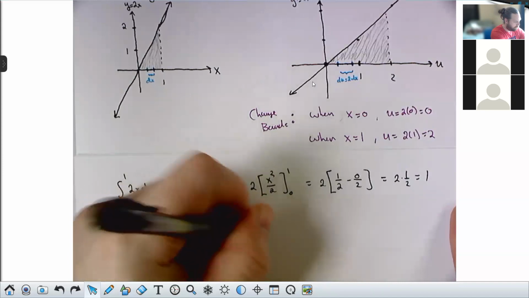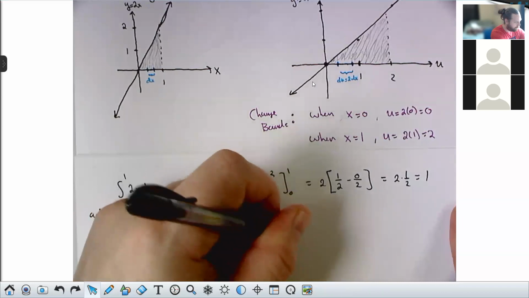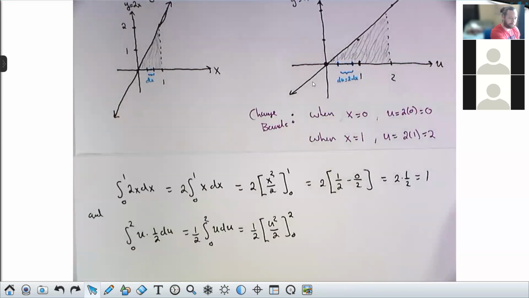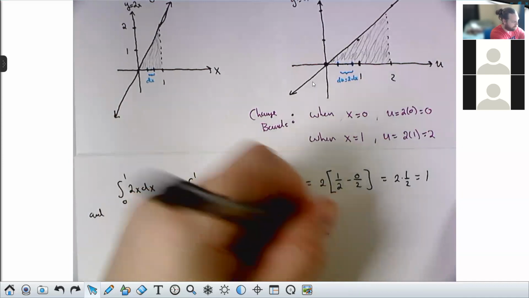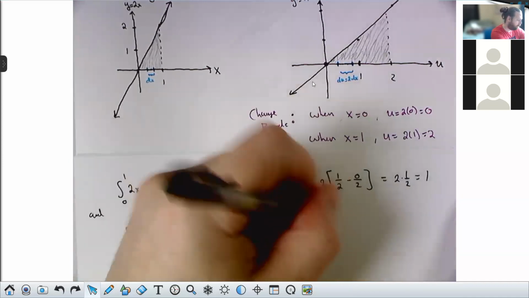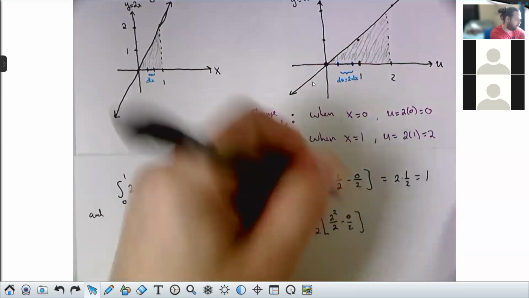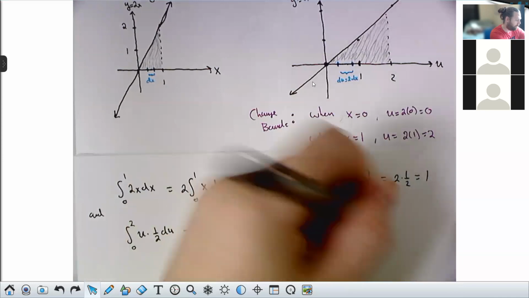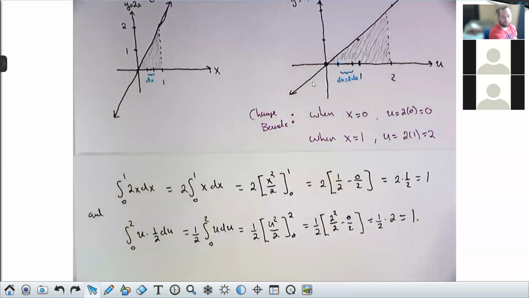So this is 1/2 times u squared over 2 evaluated from 0 to 2, which is 1/2 times 2 squared over 2 minus 0 over 2, which is 1/2 times 4 over 2, which is 1/2 times 2, which is 1. So these really are equal. But if I didn't have this 1/2 here, they wouldn't be equal.